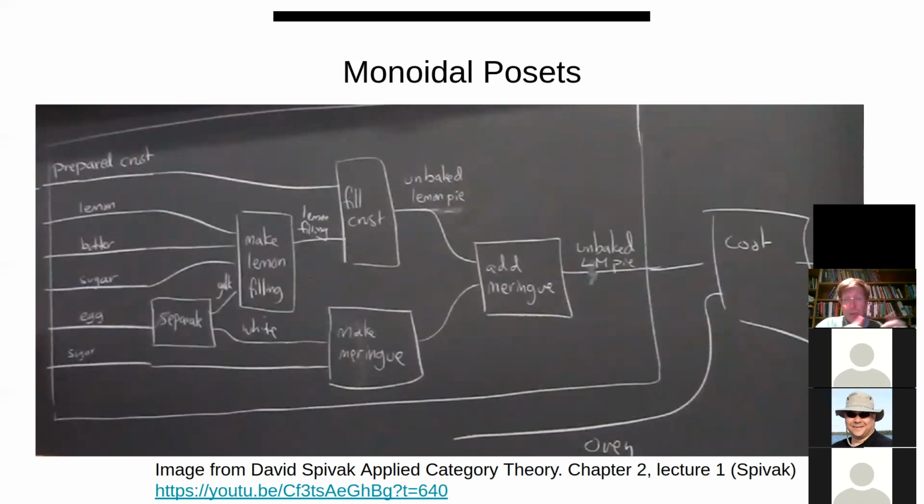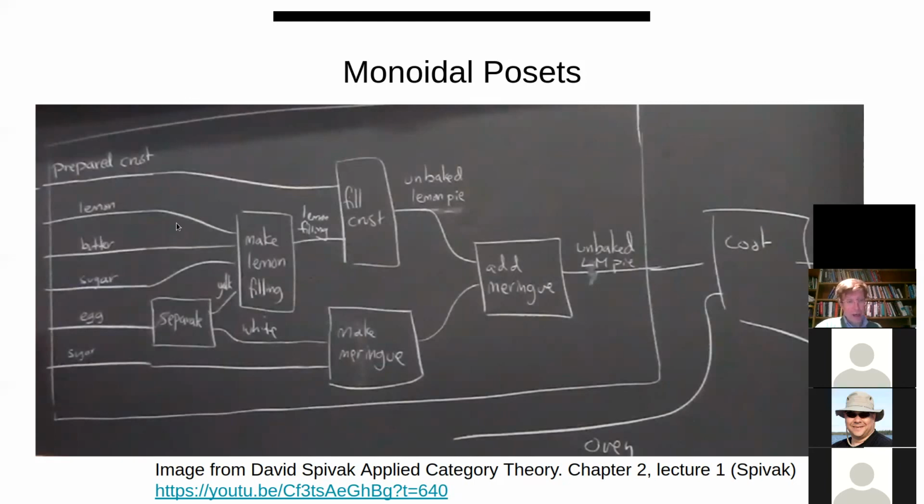This will involve monoidal products associated with some of these combinations, like lemon, butter, and sugar here. But we'll also have an ordering that will obtain between the output and the input.